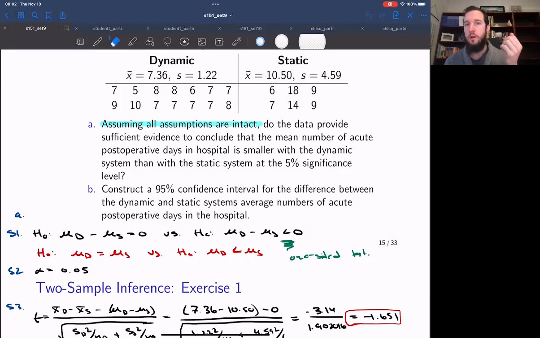And the question that we are asking is, does the dynamic system reduce the amount of time patients spend in hospital after surgery compared to the static system? So the question is, is the mean for the dynamic population less than the mean for the static population? That's what we want to know.